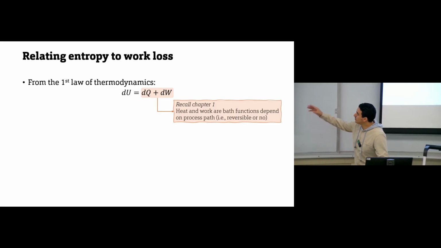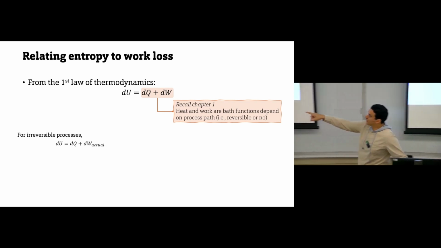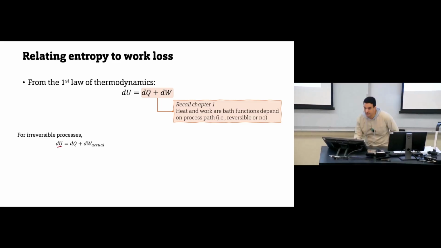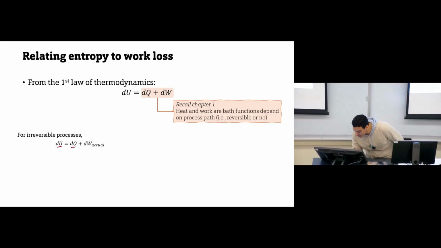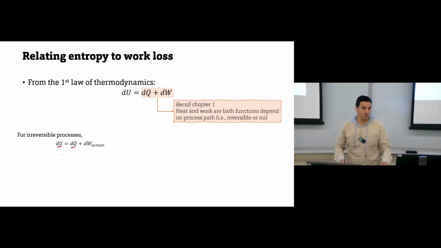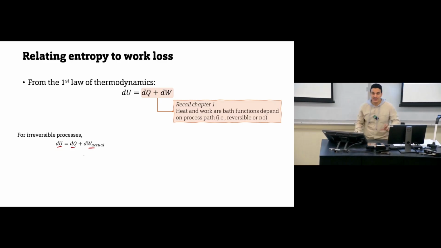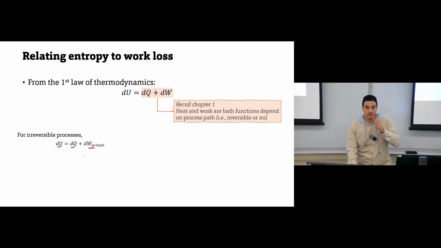So if we start with an irreversible process, we can put the first law of thermodynamics as dU, the change of the internal energy, equal to the heat transfer between system and surrounding, plus the actual work obtained from this process.